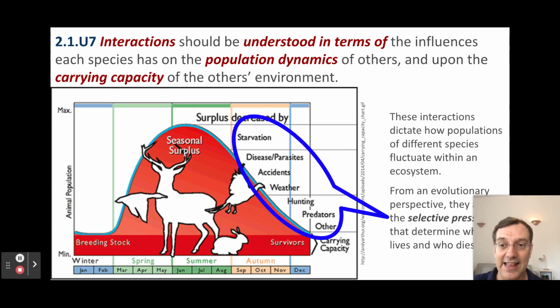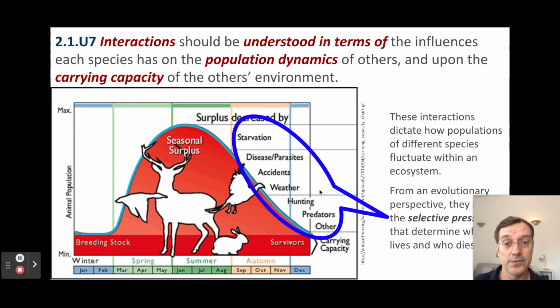Well, these are the things that prevent populations from just continually growing. So disease, parasites, accidents, predation from other organisms, starvation, which is a limit to the food size. If you have people involved, it may include the number of organisms that are hunted.